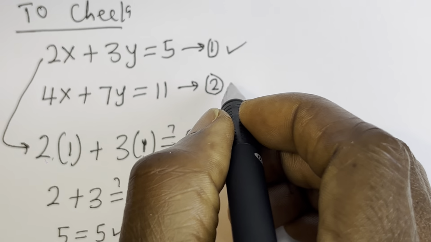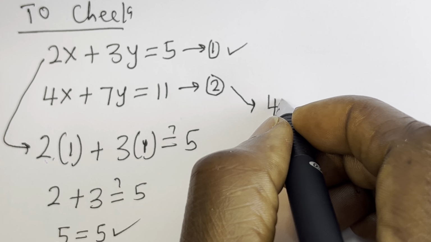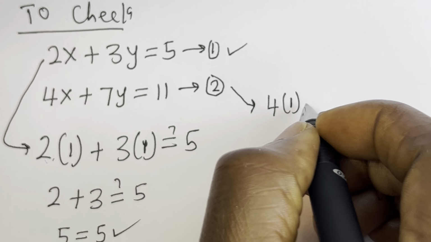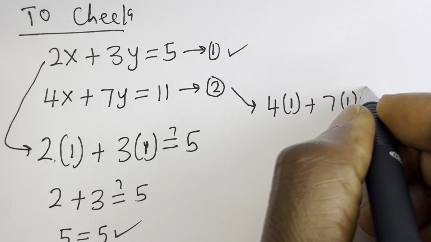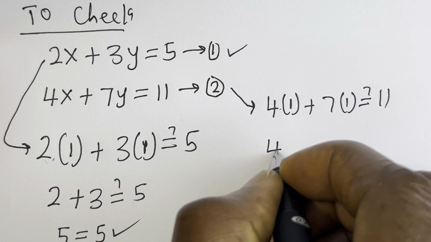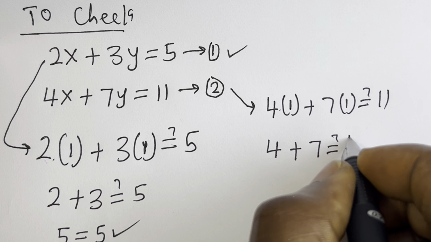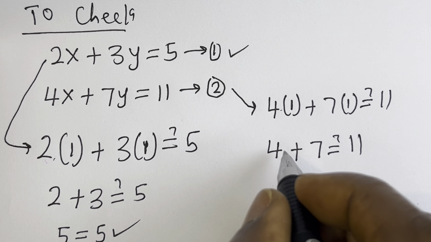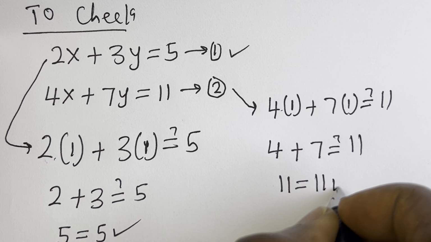Now let us consider this. 4 bracket 1 plus 7 bracket 1 must be equal to 11. 4 times 1, this is 4, plus 7 times 1, this is 7, must be equal to 11. Then 4 plus 7, this is 11, is equal to 11, which is true.